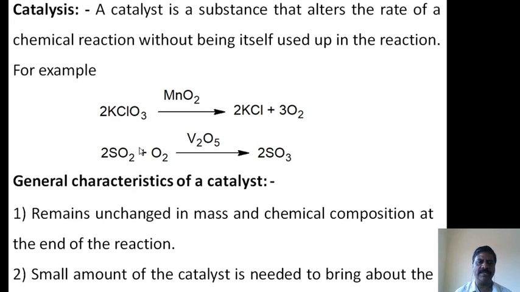Now coming to the general characteristics of catalysts. First, the catalyst remains unchanged in mass and chemical composition at the end of the reaction, because the catalyst does not participate in the end product. Then the second character of a catalyst is that a small amount of catalyst is needed to bring out the desired change in the chemical reaction.